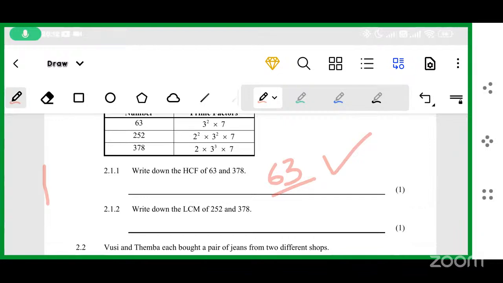What I was going to do is look at all the factors of the two and look at which one is the highest. So what you did is also correct. Now 2.1.2, write down the LCM of 252 and 378. Which one do you think is going to be your LCM?